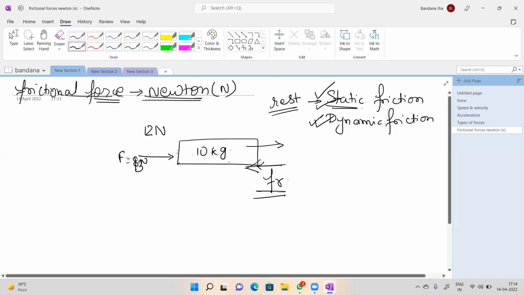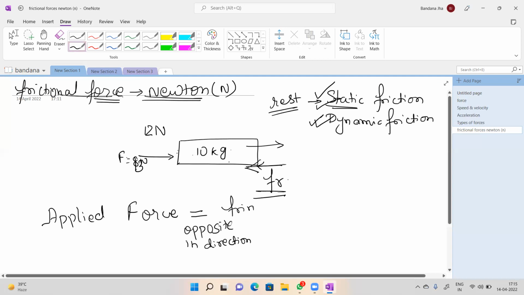Understood, beta? Or any doubt? This thing is very, very important. Up till class 12, the applied force is always equal and opposite in direction to your frictional force. So friction will always act in the opposite way of the object that's moving.